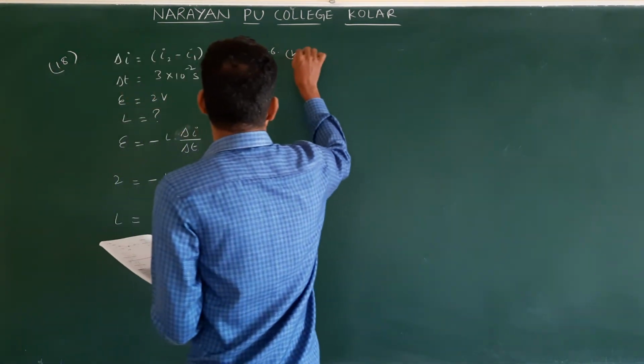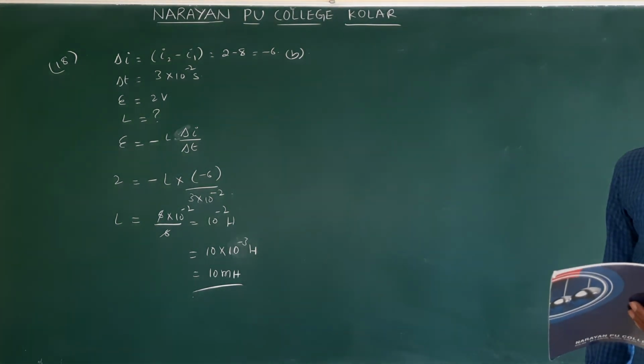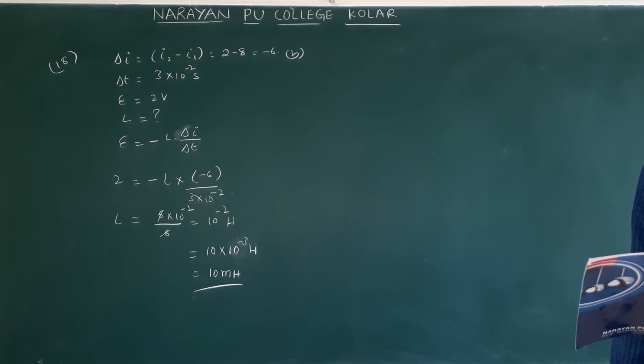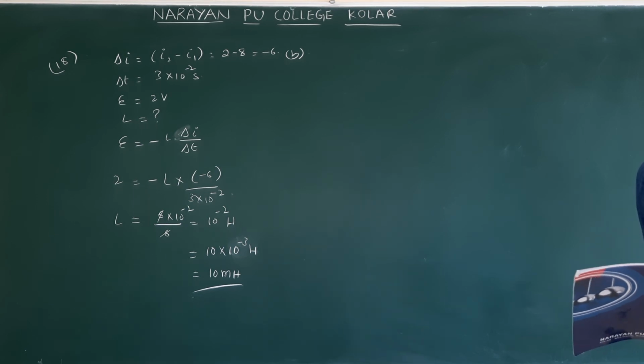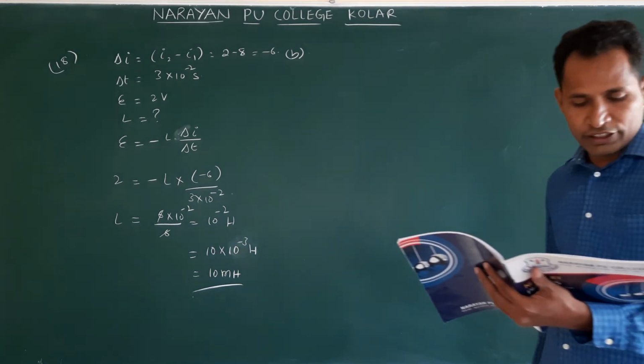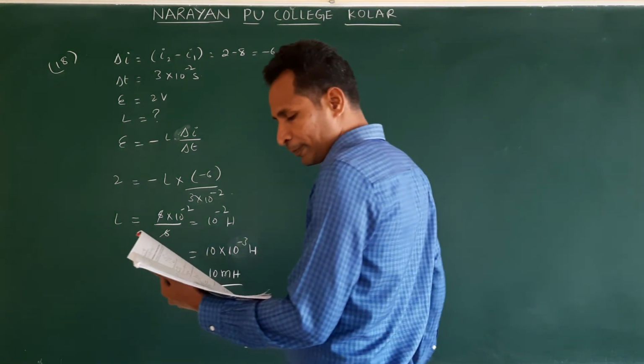Next, second question. A 12 volt battery is connected to a 6 ohm, 10 H coil through a switch drives a constant current in the circuit. Then the switch is suddenly opened. Assuming that it took 1 millisecond to open the switch, calculate the average EMF induced across the coil. Okay.